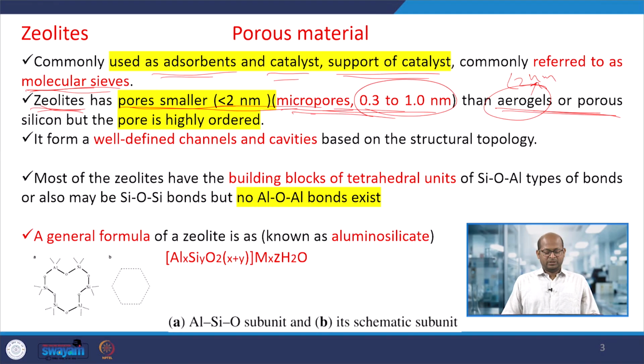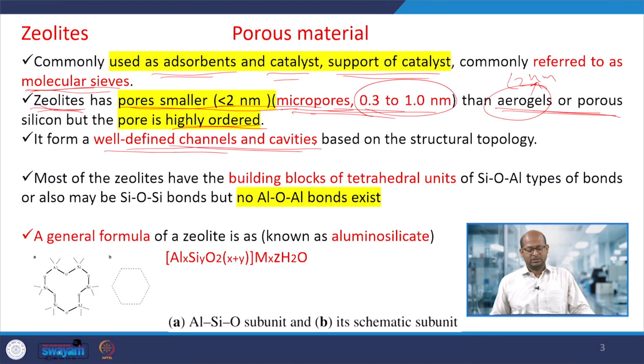The material is also highly ordered, with well-defined channels and cavities present in this type of material. As I said, the main components of zeolites are silicon and aluminum.